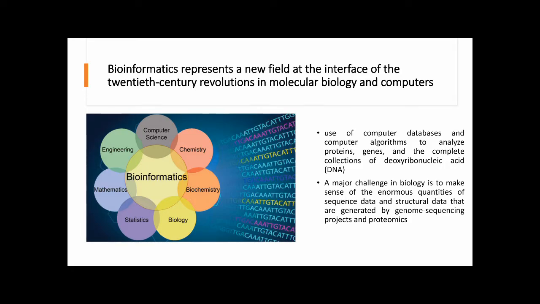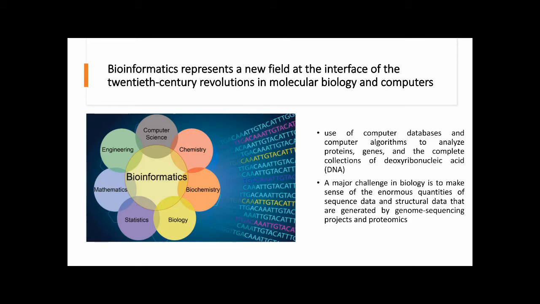Bioinformatics makes use of several fields. We have biology, biochemistry and chemistry for the science fields, and then for the computer side, the tools that we usually use to study this biology and biochemistry: computer science, engineering, mathematics, and statistics.